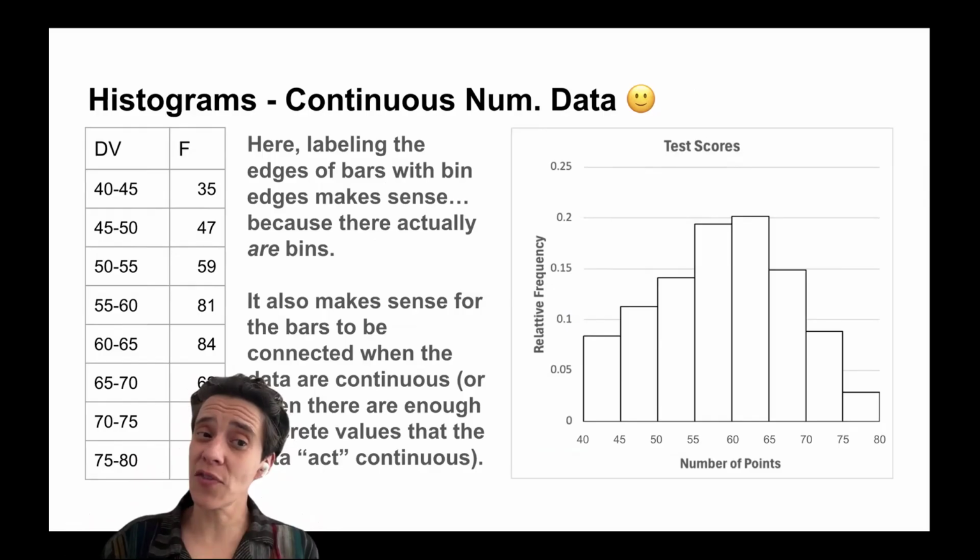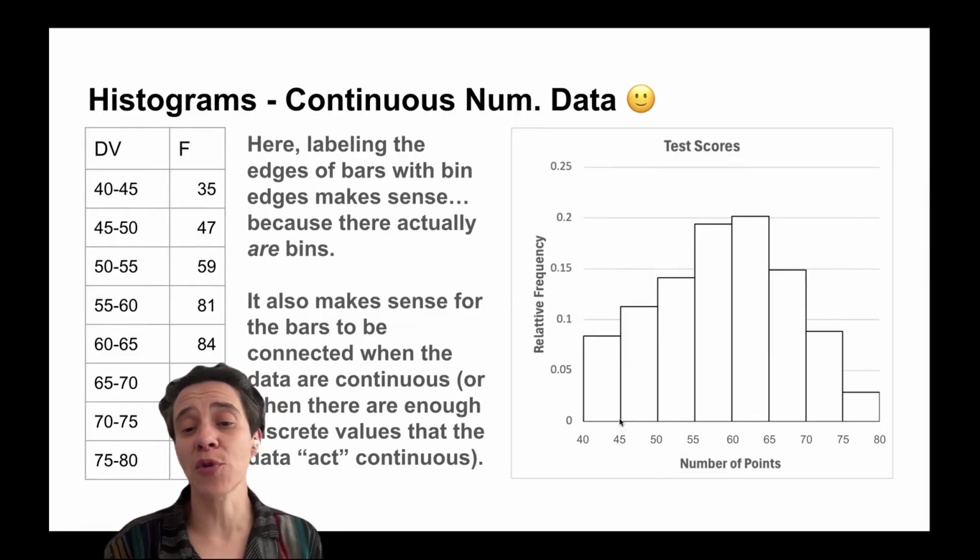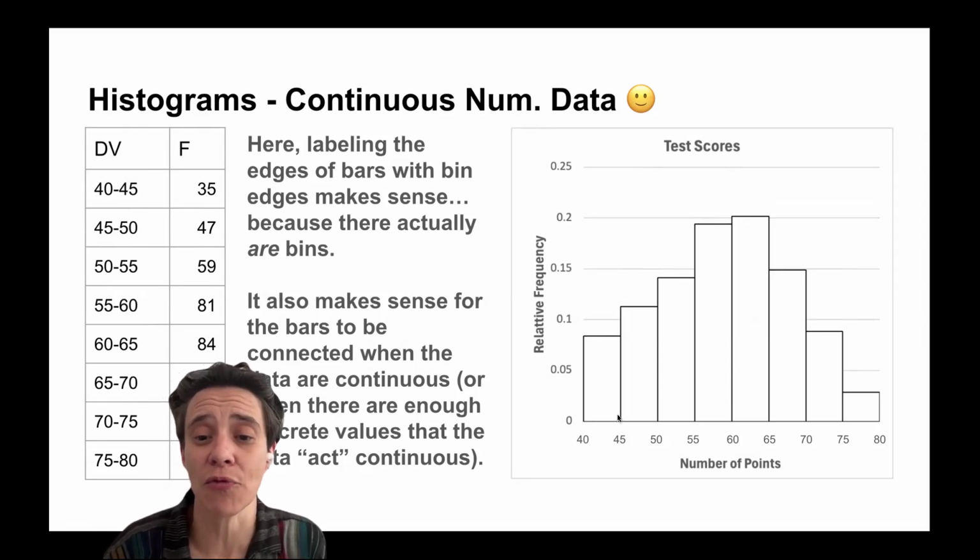However, for continuous numerical data or large ranges of discrete values, this is where it's at. So here we make good use of these weird shared edge bins because that's what we're labeling the edges of the bars with. The bars are connected because 45 is right there. We're just saying from 40 up to 45, that's this one. From 45 up to 50, that's this one.